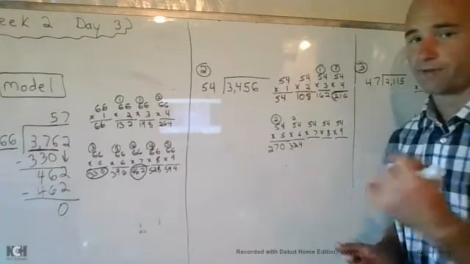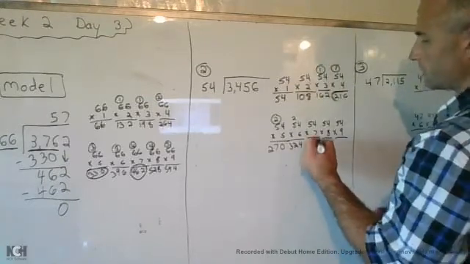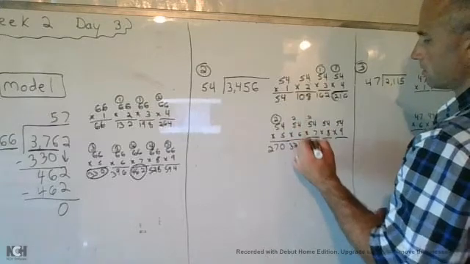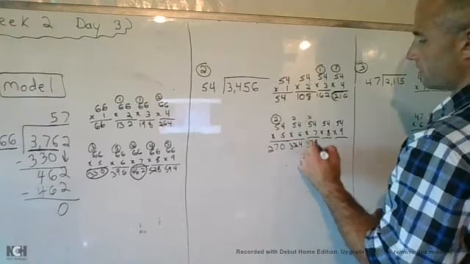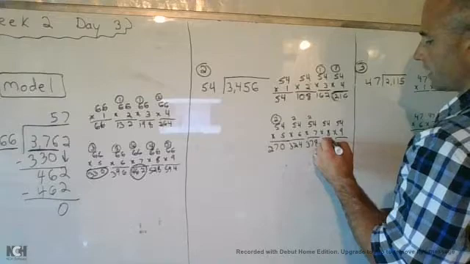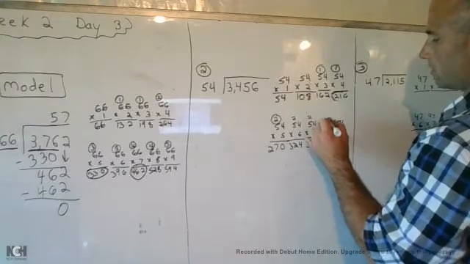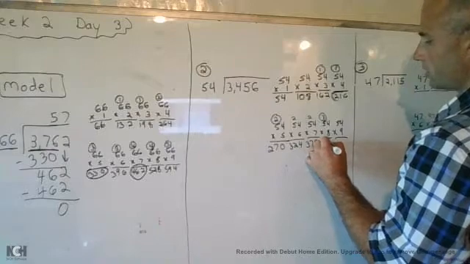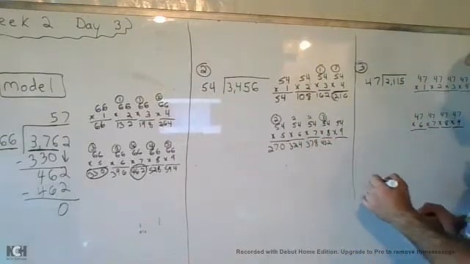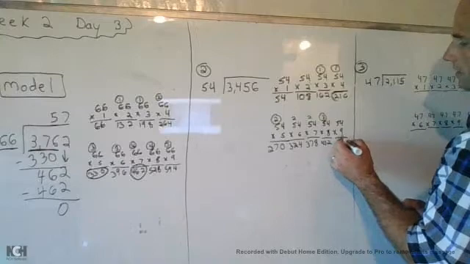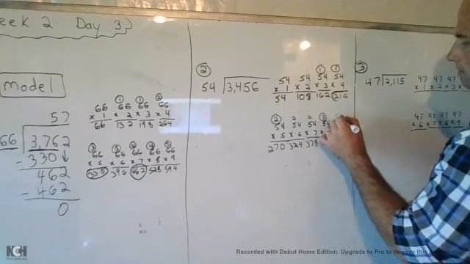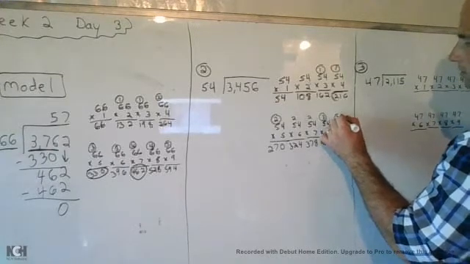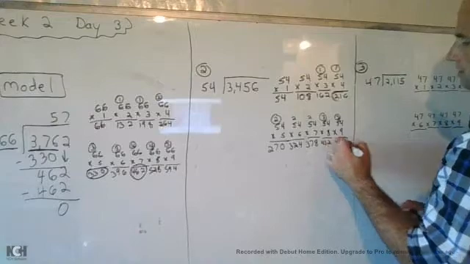Maybe even, you'll probably even get faster than me. 54 times 7 equals 378. 54 times 8 equals 432. 54 times 9 equals 486.